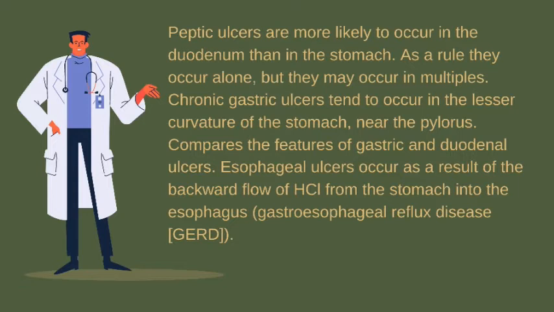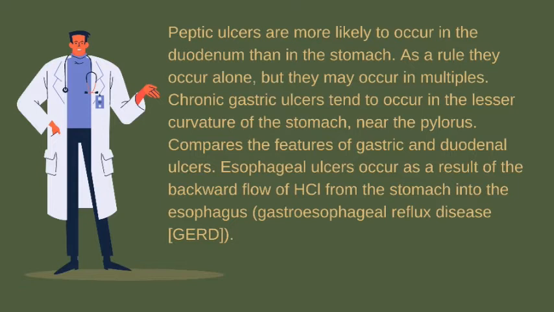It is not often, but sometimes it occurs in the curvature of the stomach. Then they say near the pylorus. Most of the time the ulcer formations take place in the pylorus area.